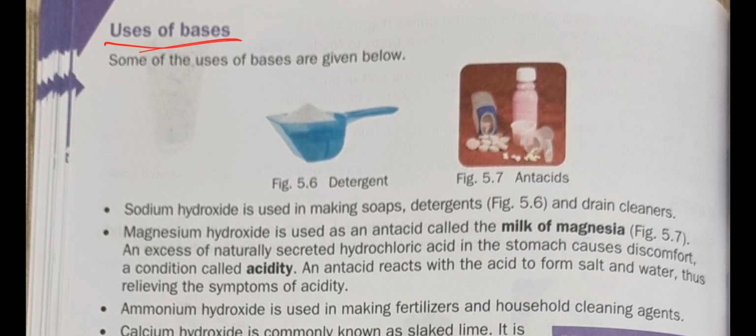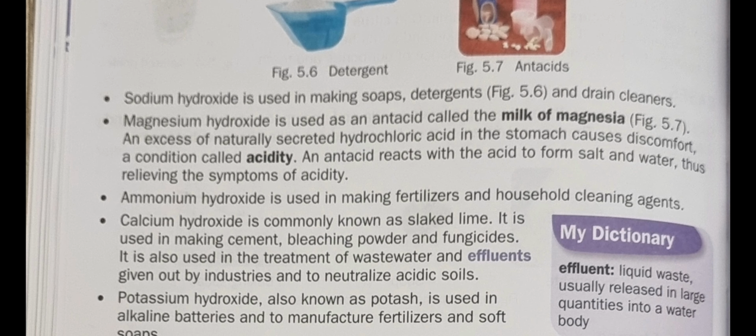Now, uses of bases. Some uses of bases are given below, like detergent and antacid. Sodium hydroxide is used to make soap, detergent and drain cleaner. Magnesium hydroxide is used as an antacid called milk of magnesia.